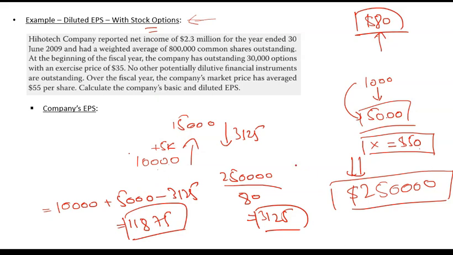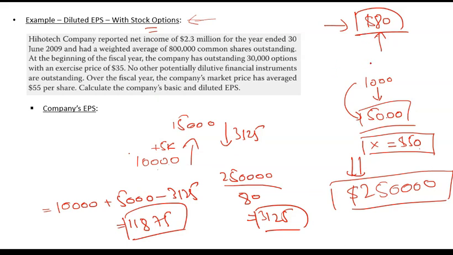So how much money did it receive? It received 250,000. So it takes 250,000 to the market and buys back shares worth 250,000. When it buys back shares from the market, it pays the market price of $80. So it is able to buy 3125 shares. It had a total amount of 250,000, and the per share price was 80.